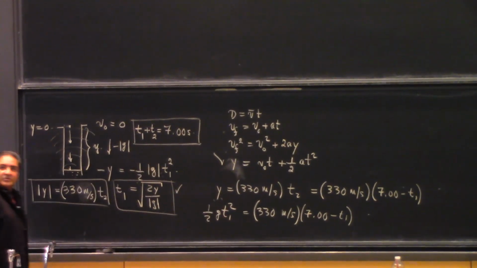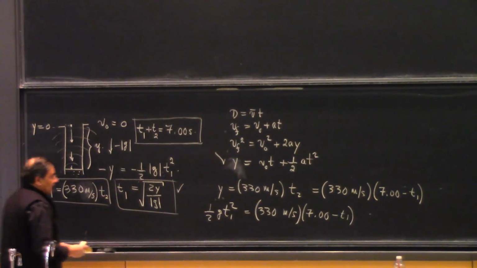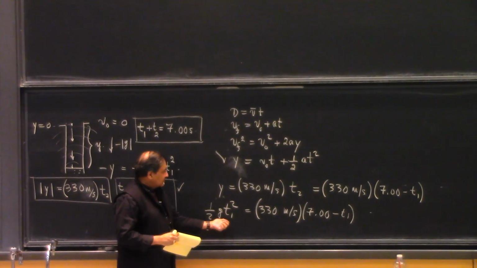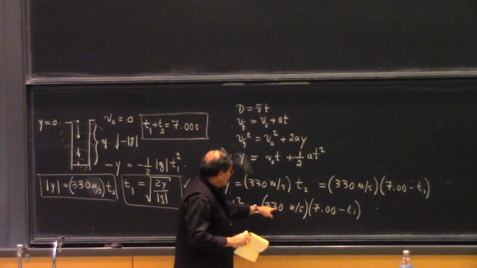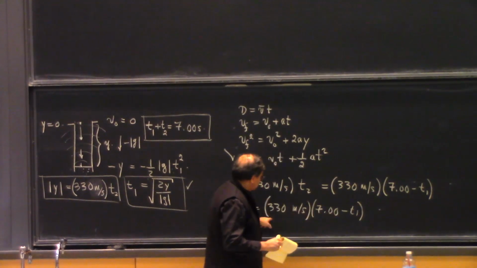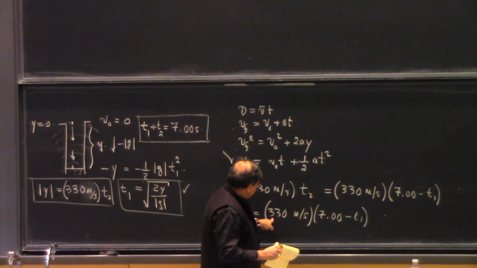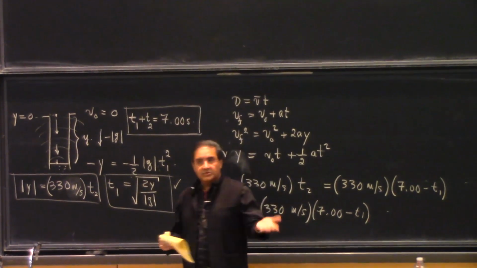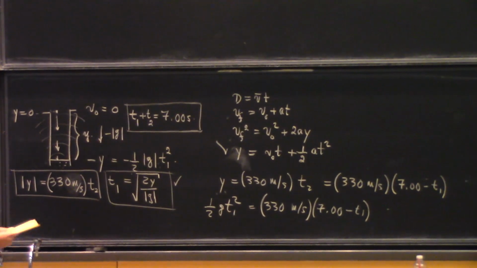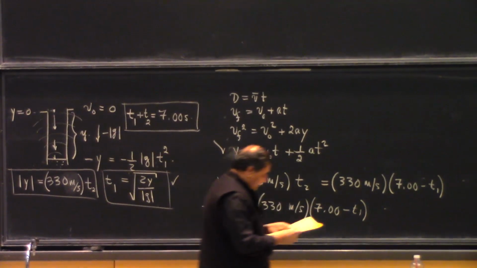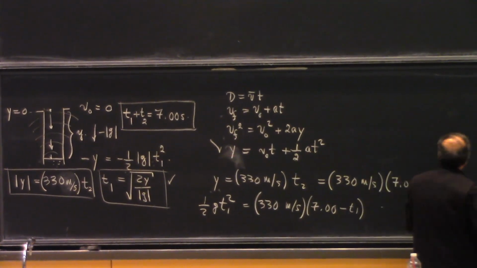So it is easy to see that you have another quadratic equation. You have a t1 squared term, you have a t1 term that multiplies to 330 t1 with a minus sign, and then you have a 330 times 7, which is just a number. So if you actually write the equation out, you wind up with the following.